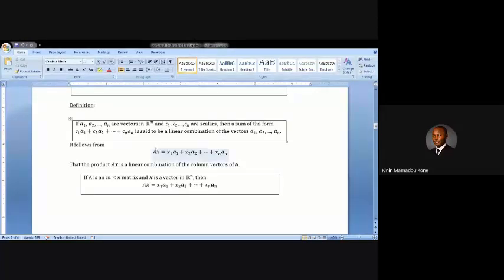So it follows from Ax equals x sub 1 a sub 1 plus x sub 2 a sub 2 plus through x sub n a sub n that the product Ax is a linear combination of the column vectors of A. So if A is an m by n matrix and x is a vector in Rn, then Ax is equal to x sub 1 a1 plus x sub 2 a2 plus through x sub n an.